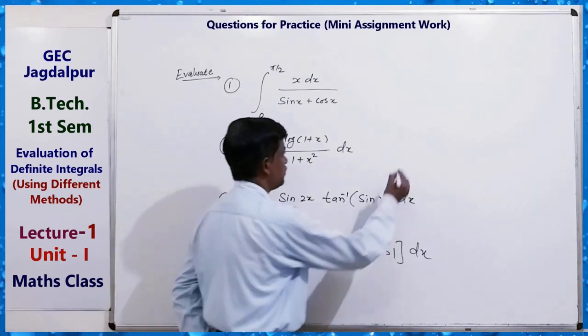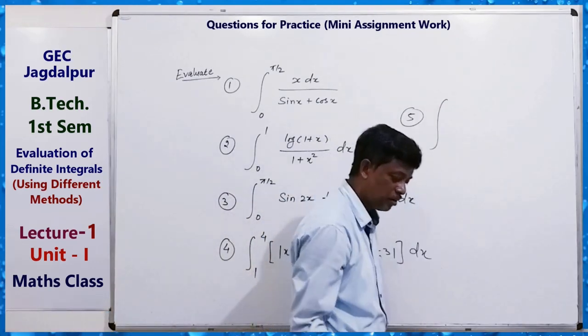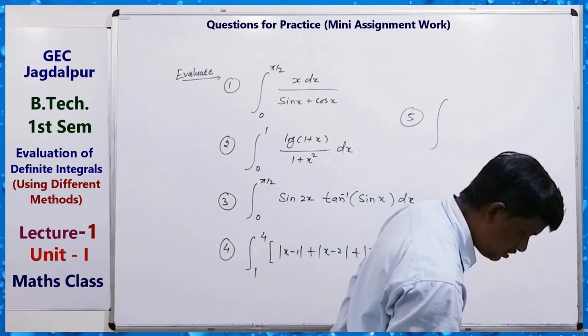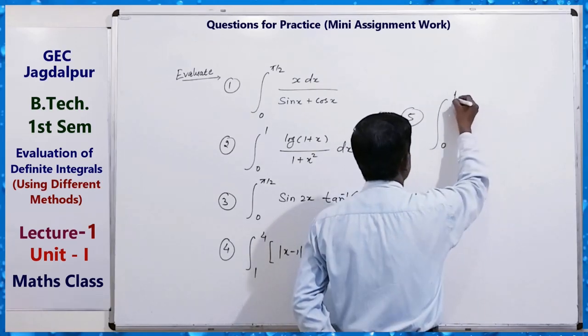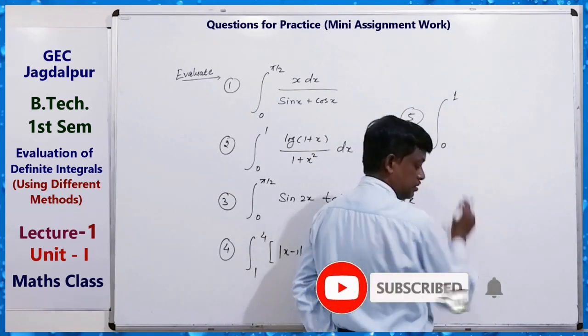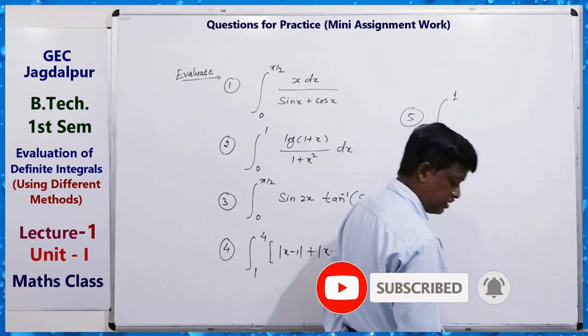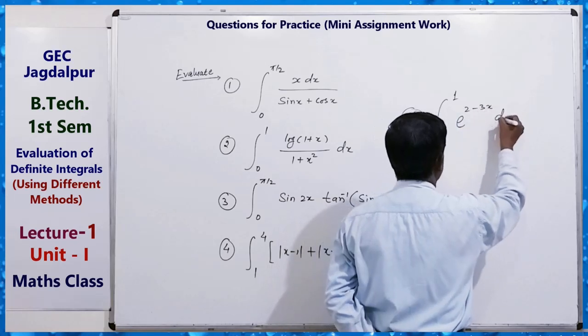And the fifth question: integration of 0 to 1 of e to the power 2 minus 3x dx.